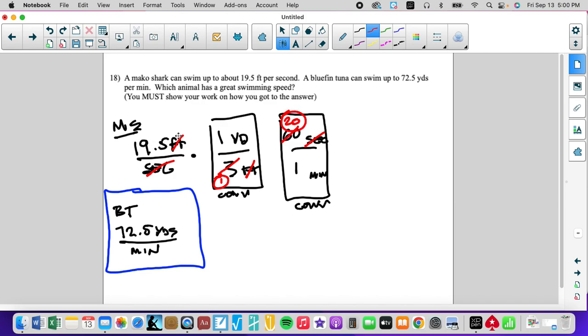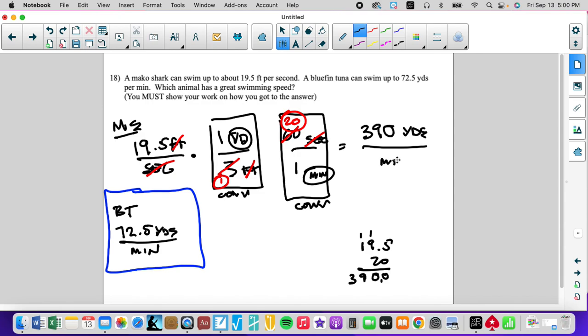Now I'm going to multiply across. 19.5 times 20 gives me 390. What's my unit up here? Yards. Over, I have 1 times 1 times 1. What's my unit? 1 minute. And voila! Yards per minute, yards per minute.